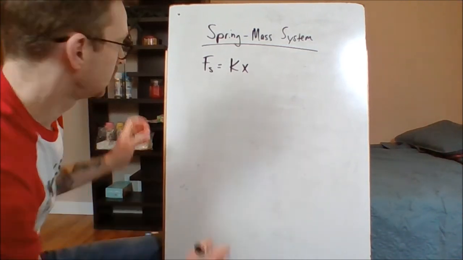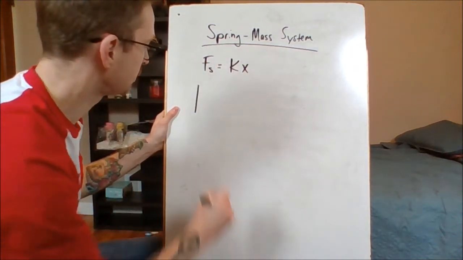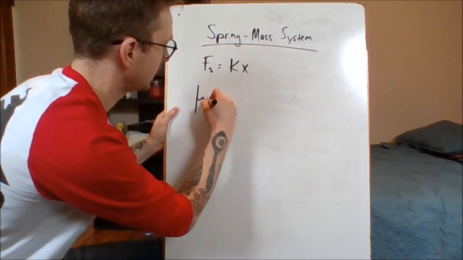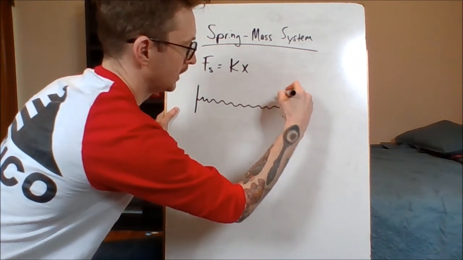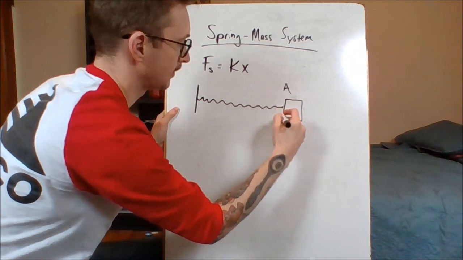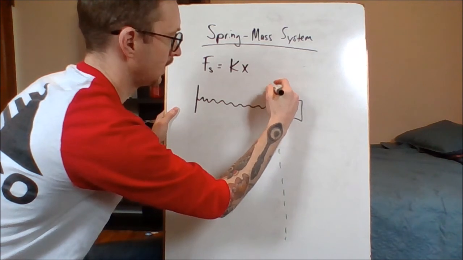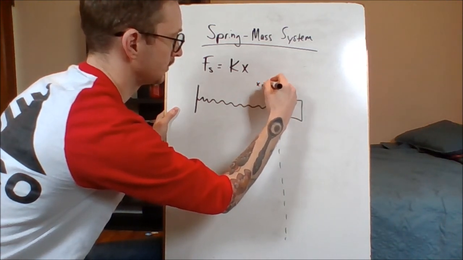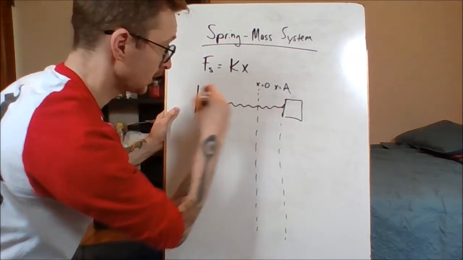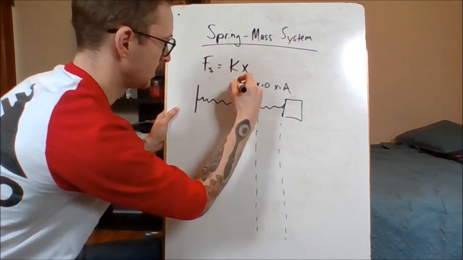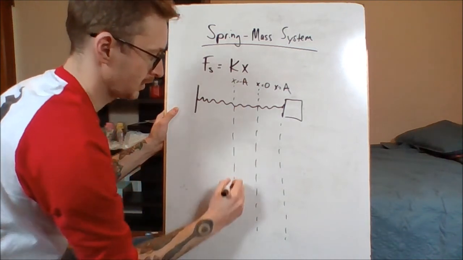And so we get motion that looks like this if we think about a mass on a spring. Let's say this is x equals A, this is x equals 0, right here, and let's say x equals negative A is about right here.